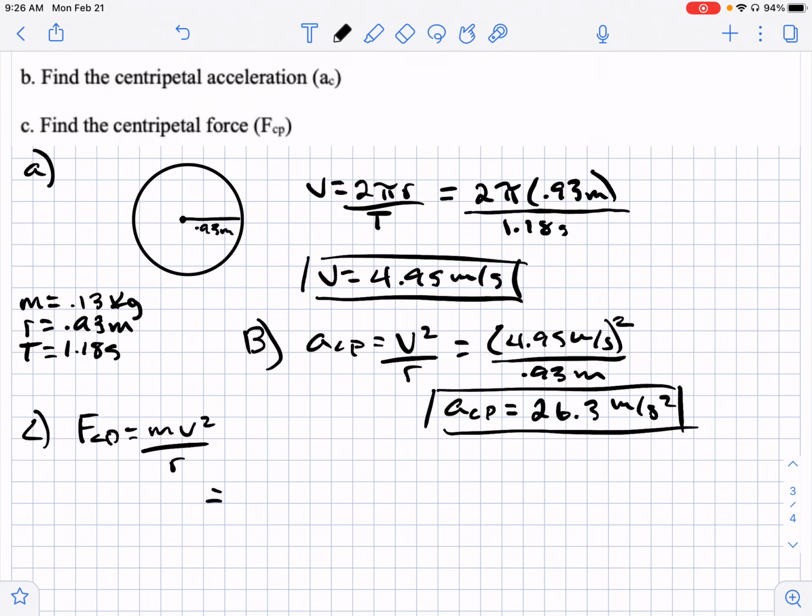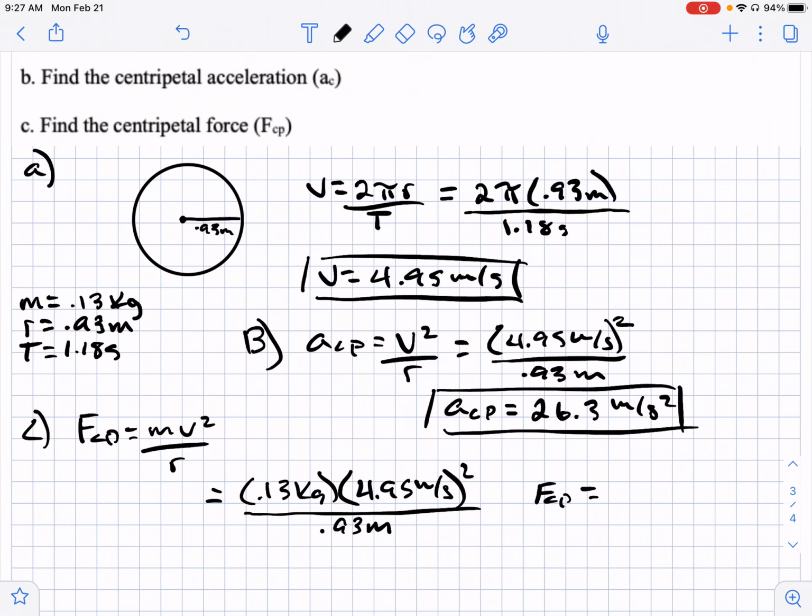So that's going to equal the mass, 0.13 kilograms, times the velocity we found earlier, 4.95 meters per second, squared, divided by the radius, 0.93 meters. When you plug that in, this centripetal force, which is your tension, is equal to 3.42 newtons.